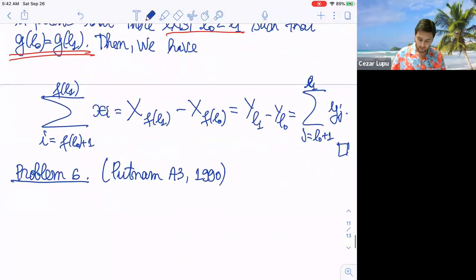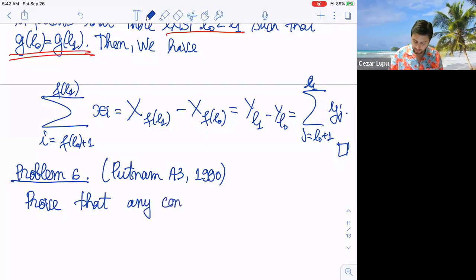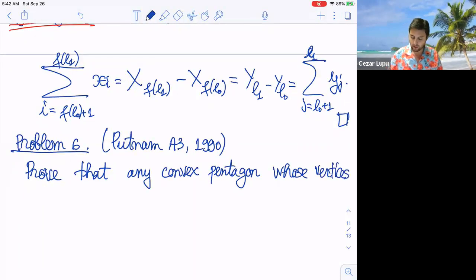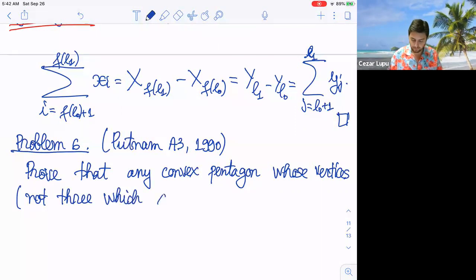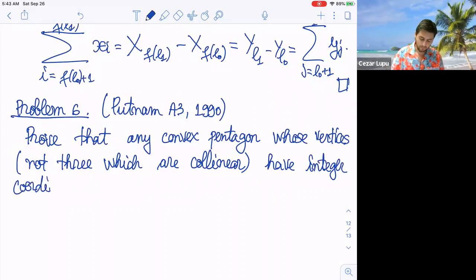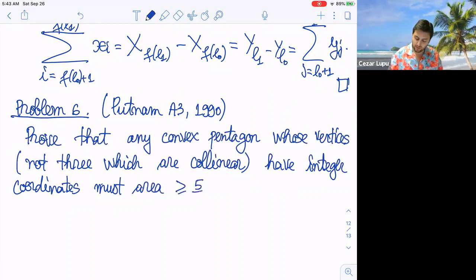Well, the problem says the following: prove that any convex pentagon whose vertices, and I would like to emphasize that this is important, no 3 of which are collinear, so they're not on the same line, have integer coordinates, so they're lattice points, must have area greater or equal than 5/2.